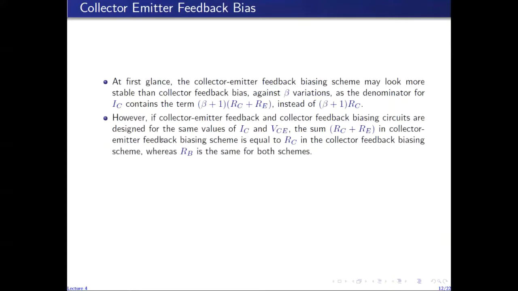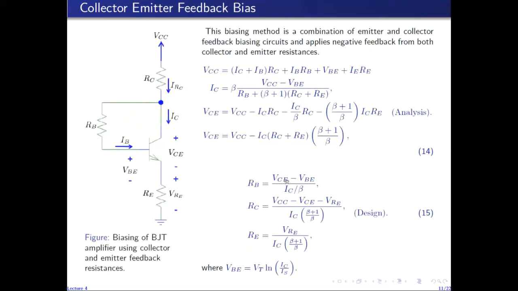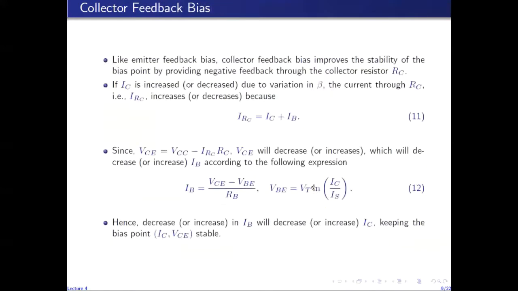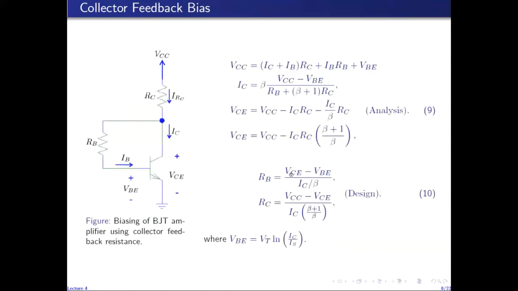So this sum in the collector emitter feedback biasing scheme is equal to RC in the collector feedback bias. And RB is the same for both schemes. RB here is VCE minus VBE over IB, and RB for the collector feedback bias is VCE minus VBE over IB.